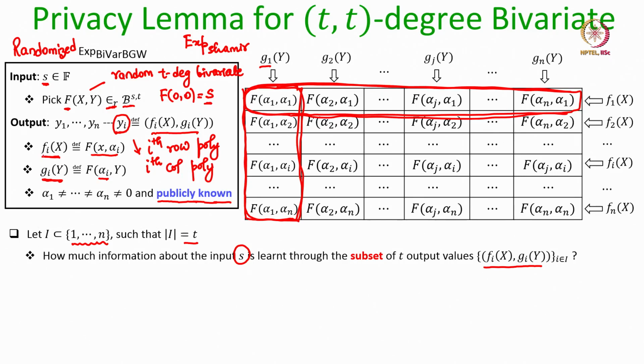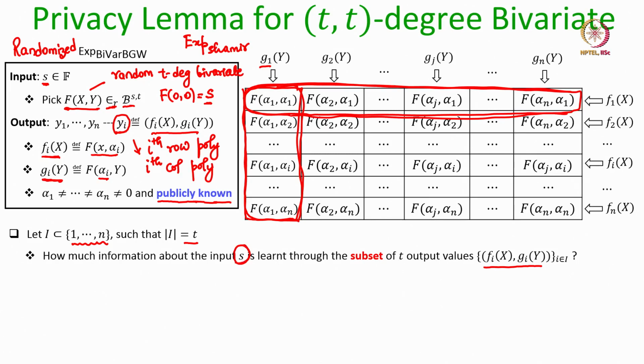So, all these f sub I x and g sub I y polynomials, you can interpret them as univariate polynomials lying on this randomly chosen bivariate polynomial. And we would like to now assess that if I give you only t number of x and y univariate polynomials, how much information about the input s you will learn.